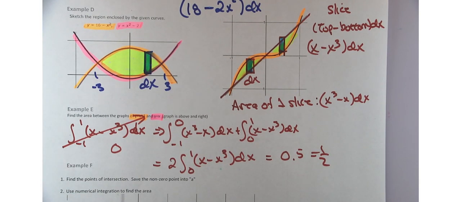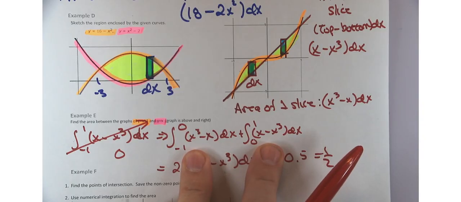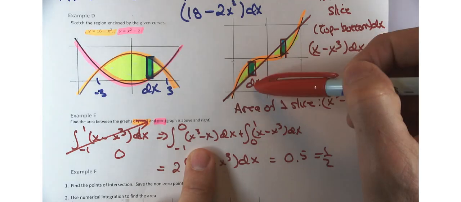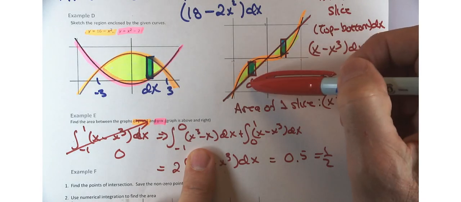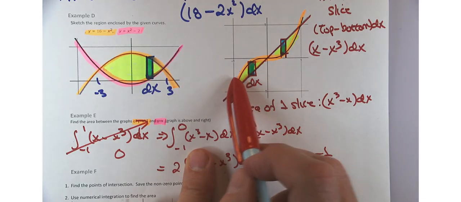Yes, Natasha. So do the areas not cancel out, or does that take into account the sign differences? Both of these should be positive areas now because we're calculating it in the proper direction. Top minus bottom is going to give you a positive number for the height, and then you're integrating that positive number throughout this interval.